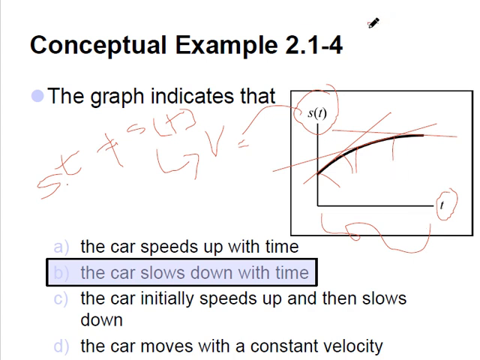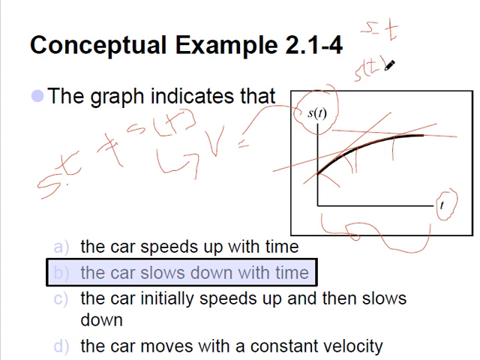So now we have the S(t) graph and the velocity graph, which is position as a function of time.